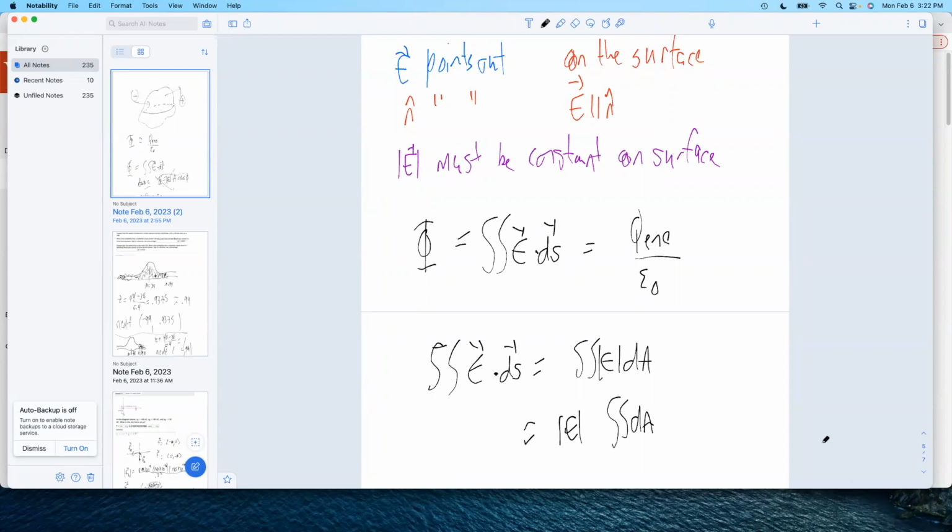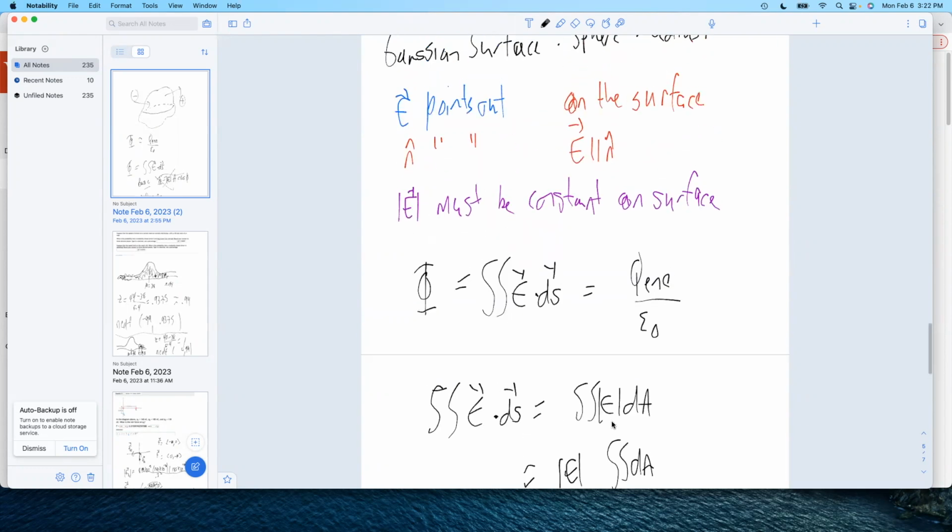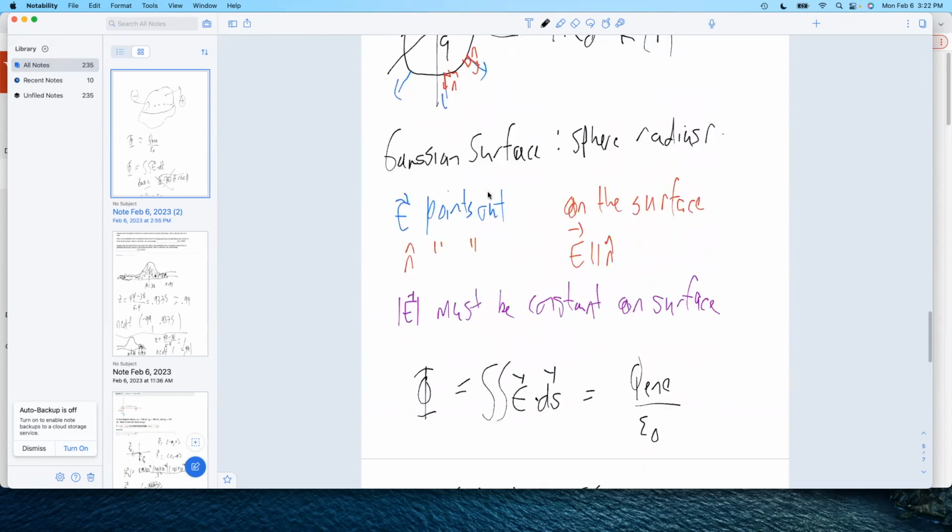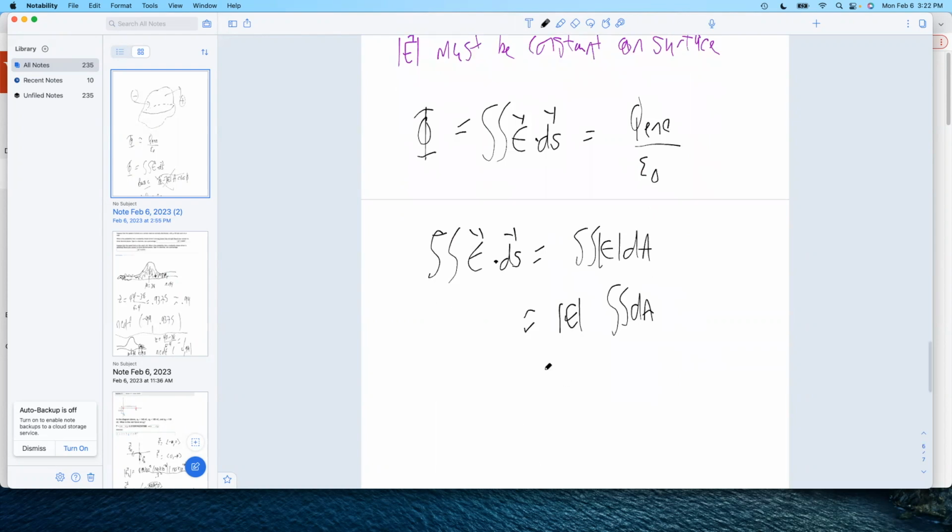Then what's the double integral of dA? That's surface area. That's the definition of the surface area of whatever my Gaussian surface is. Mine was a sphere. The surface area of a sphere is 4/3 pi r squared. I lied, I knew as I was writing it.